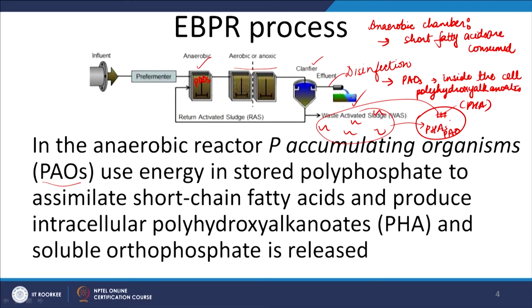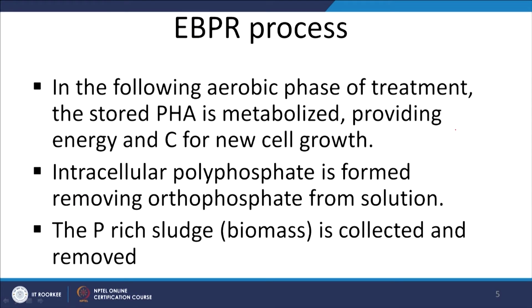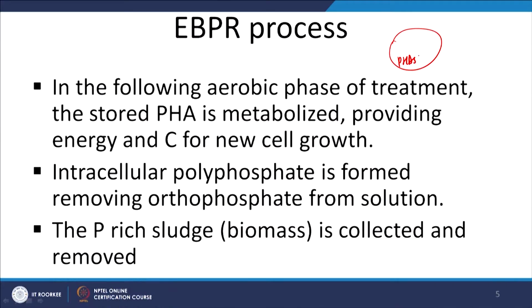So, now the phosphate has produced intracellular PHAs. In the next step after anaerobic treatment comes the aerobic phase, where the PHAs that have been stored are burnt. So, now the microbes are rich in PHAs, and these are your PAOs, by the way, phosphate accumulating organisms. They are rich in PHAs, but they are low in their short chain fatty acids.